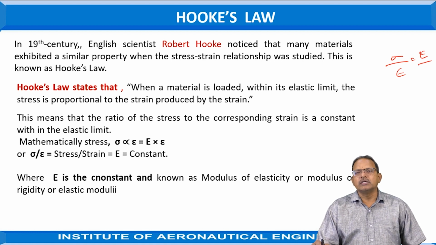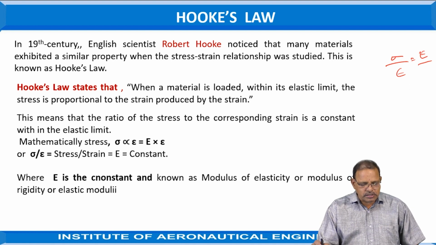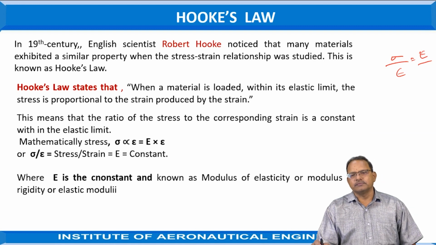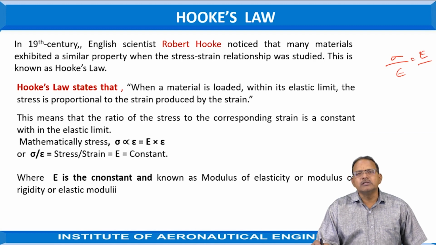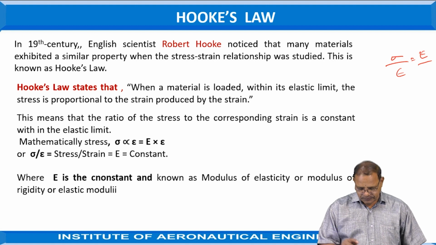This constant is known as modulus of elasticity, modulus of rigidity, or elastic modulus. This value is different for different materials, but for a particular material, whether the load is compressive or tensile, the ratio of stress to corresponding strain remains constant.